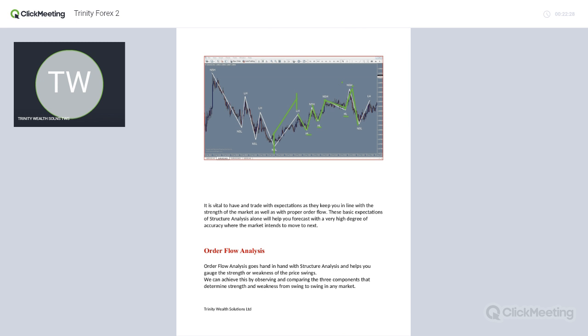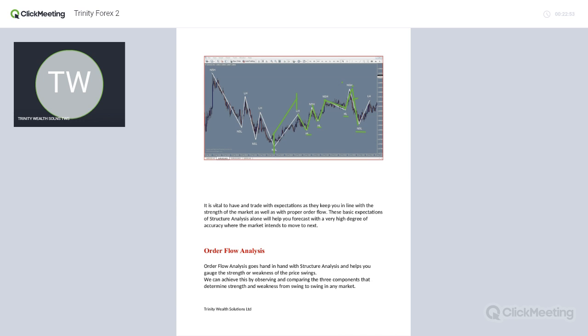So our expectation was that after the market prints this new structure high, it should retrace and form another higher low around here. But it breached our expectation, or rather that expectation has failed, because the market has gone past the previous low and printed a lower low, which we are now calling a new structure low.